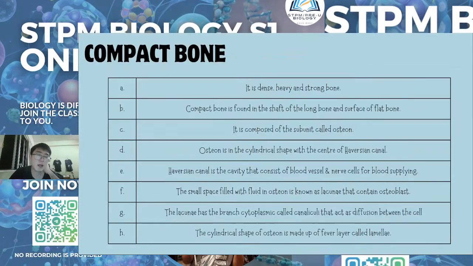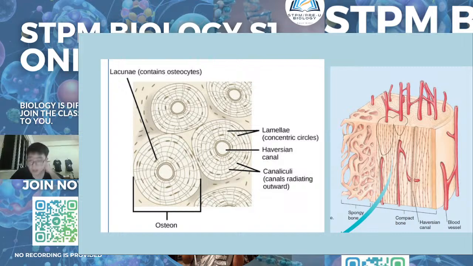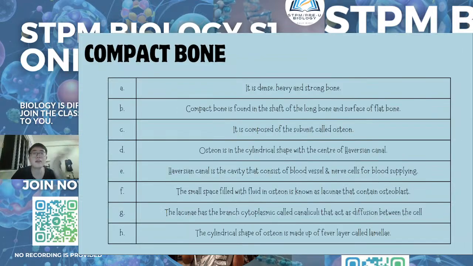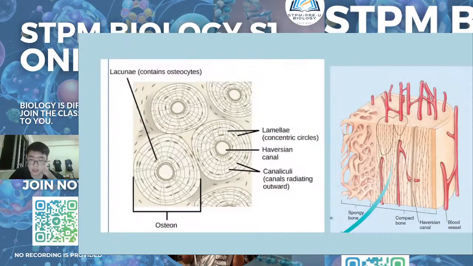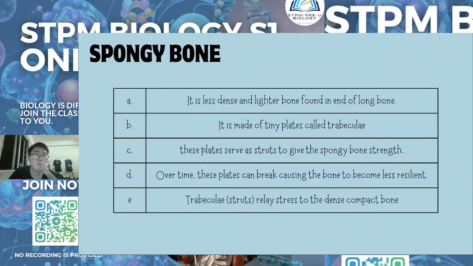So if it comes out, and they want you to explain the structure of the bone, inilah semua awak kena explain. Not say that you just explain this: dense and heavy strong bone. And then finish. Tak ada lah. Takkan. So that is why I explain in very detail.